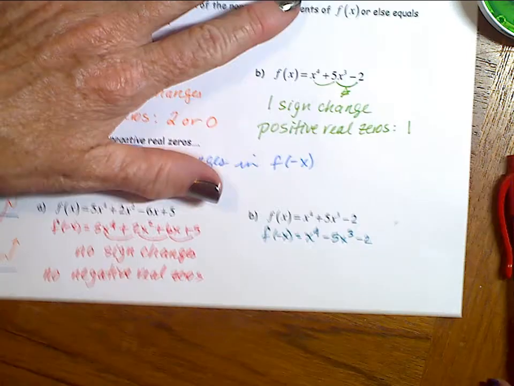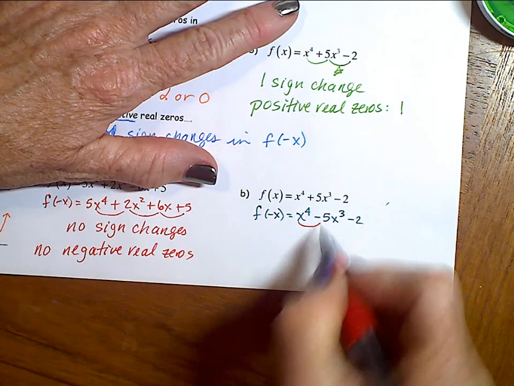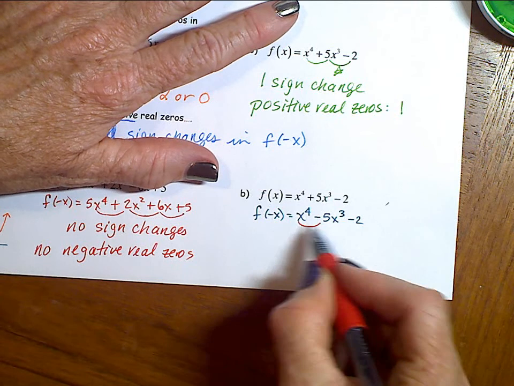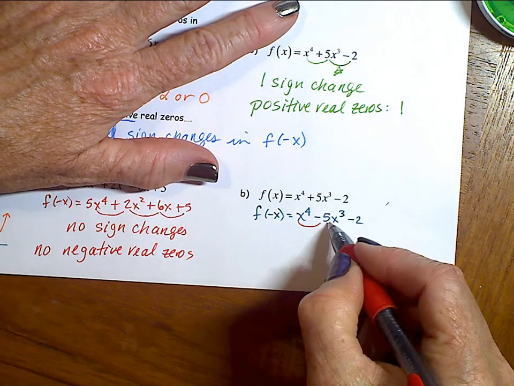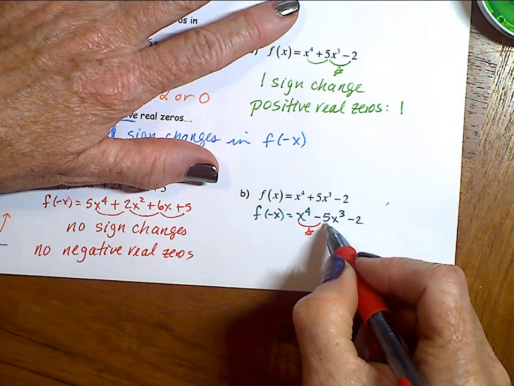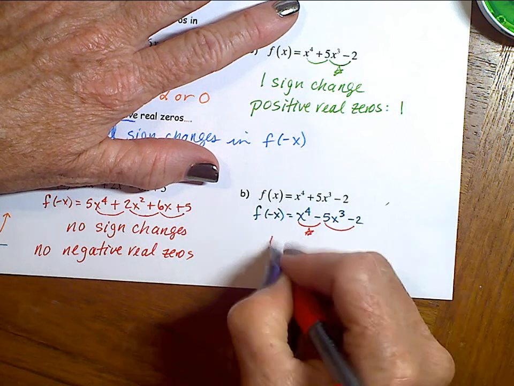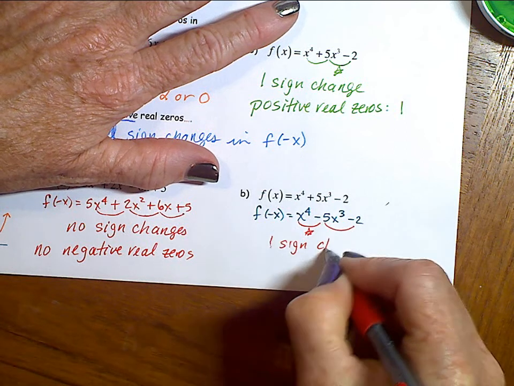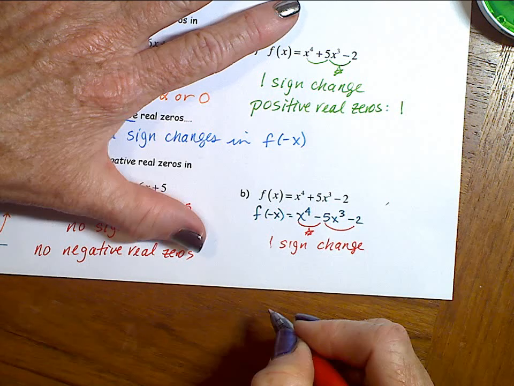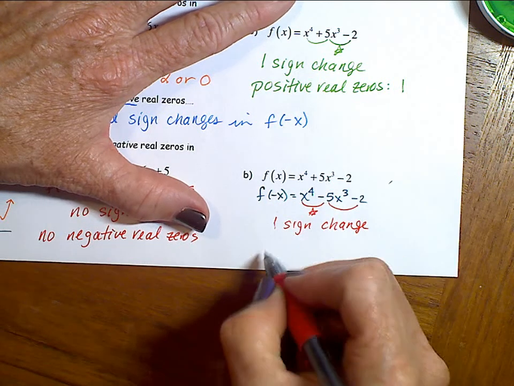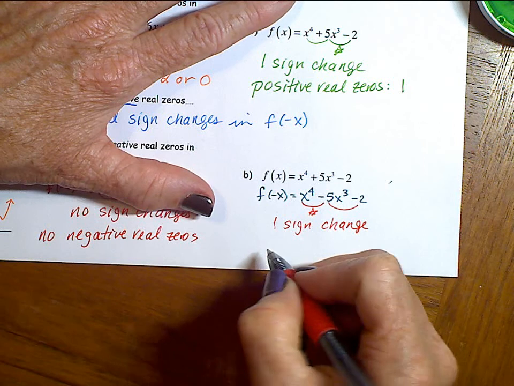Sign changes. There's one right there from a positive to a negative. And here, negative to negative, no. There is one sign change. So that means that we have one negative real zero.